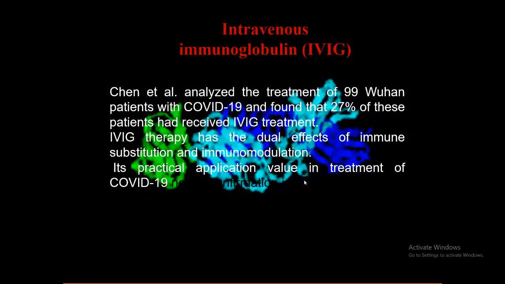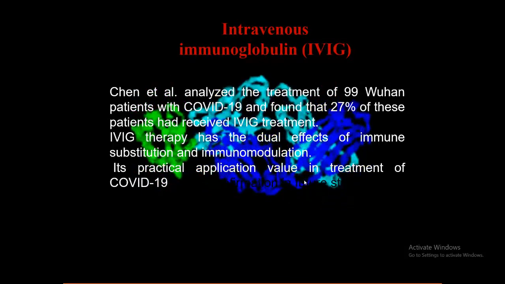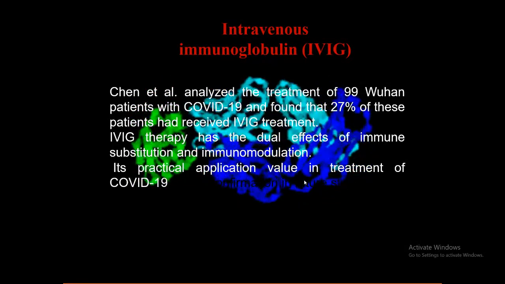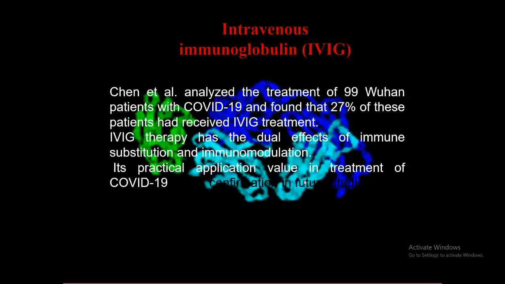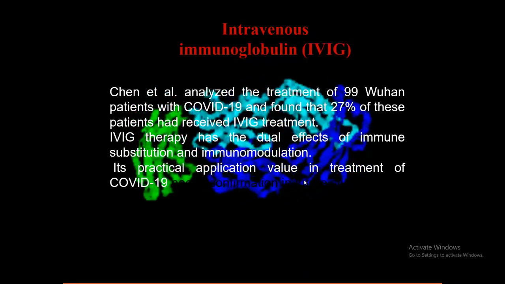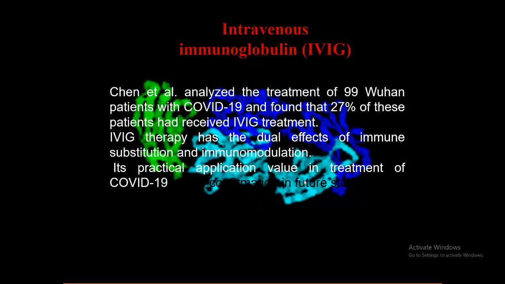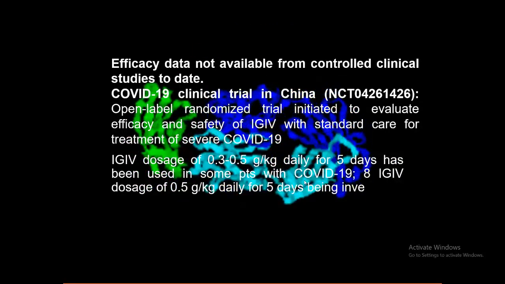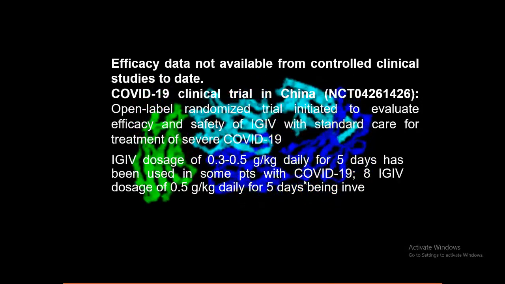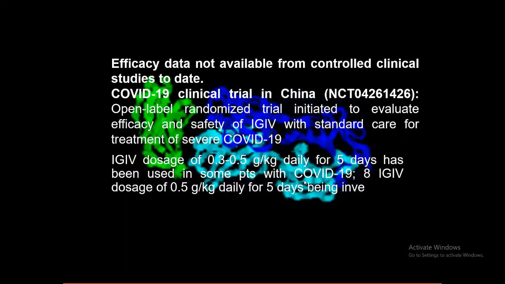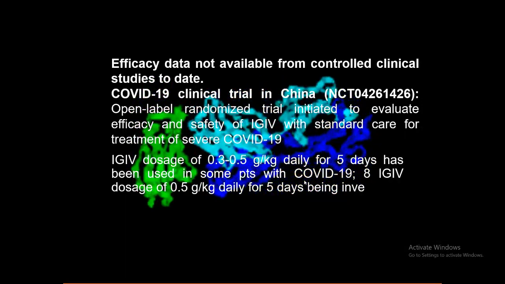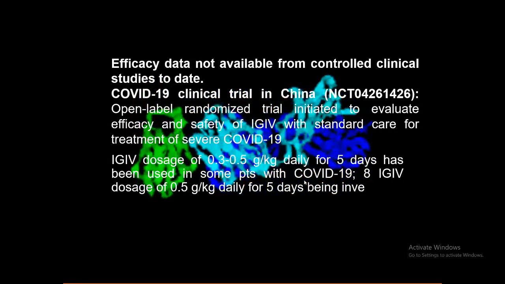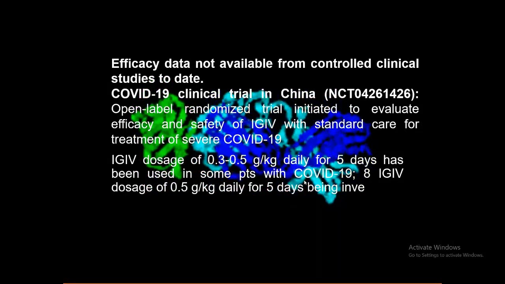There's one paper in Lancet, also from Wuhan, a study of 99 patients. 27 of these patients received immunoglobulin, and immunoglobulin therapy has a dual effect on the immune situation and immunomodulation. The efficacy data are not available from clinical studies till today.